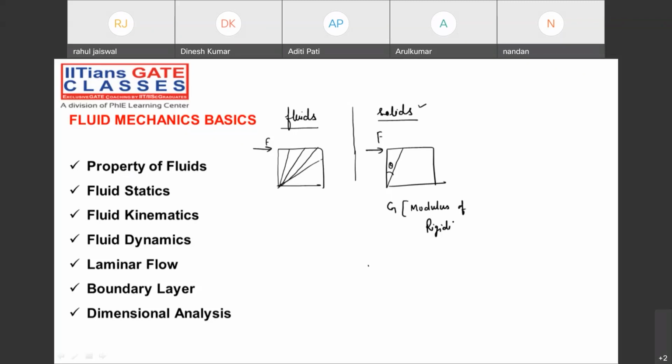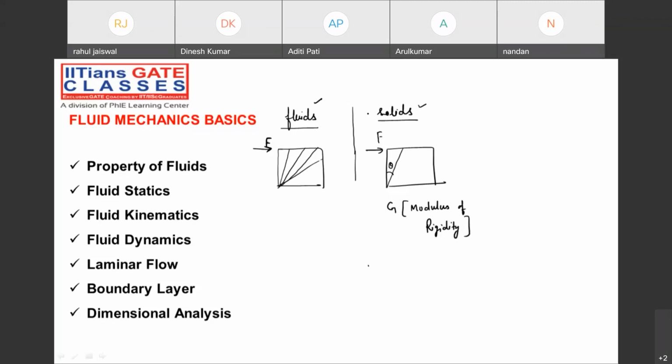Because of this elastic property, in solid the amount of deformation is fixed. But in fluids, we don't have any such property. Here, however small the shear force, this tangential force, it will be continuously deforming. That's the difference between fluid as well as solid.